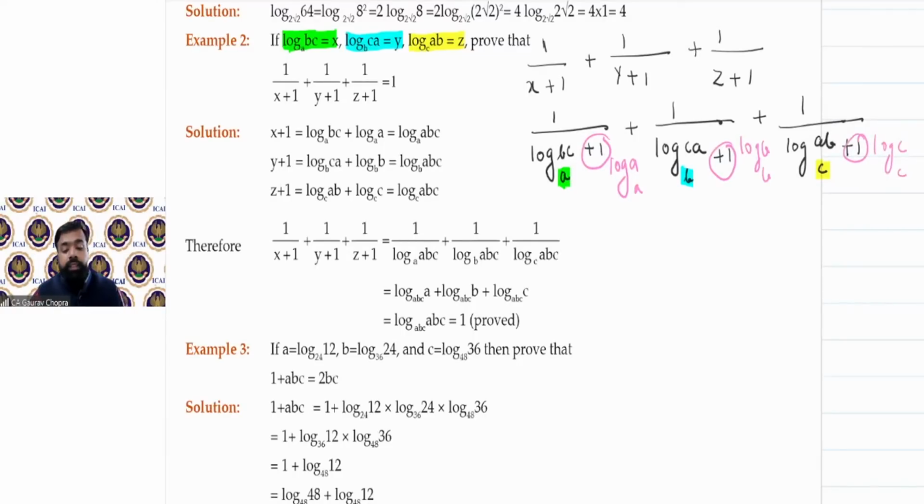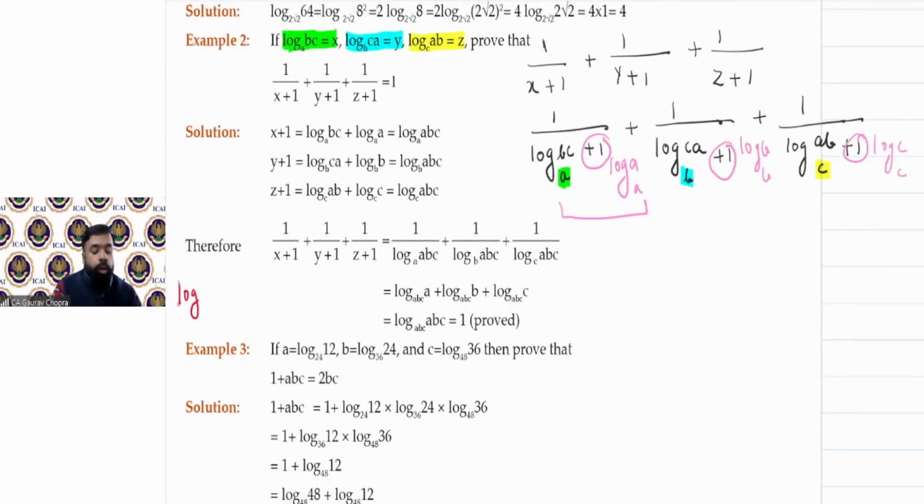So by writing this, what will be the benefit? The benefit will be that we can combine them, because log of BC plus log of A can be combined to form log of ABC, as we can apply the property.